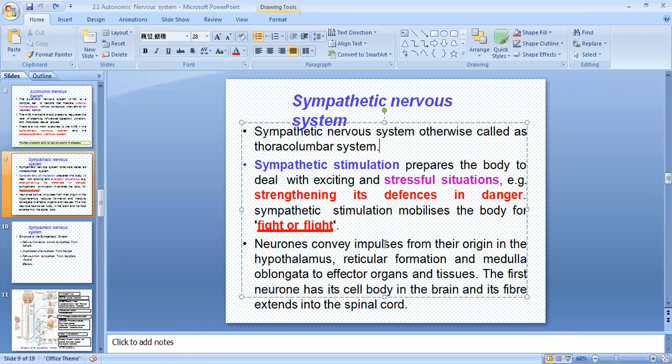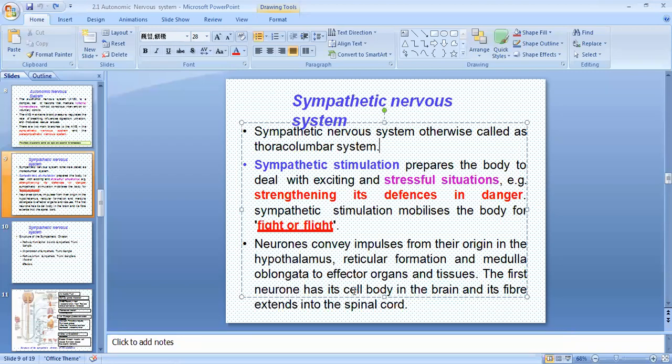Now the neurons which convey the impulse from their origin: now a tiger is running behind you, this impulse is from the origin in the hypothalamus. Where was this impulse carried from and to? It starts in the hypothalamus, then the reticular formation and medulla oblongata, to the effector organ and tissue.